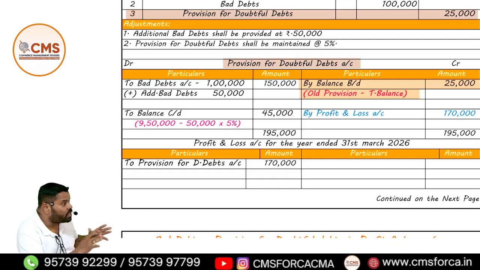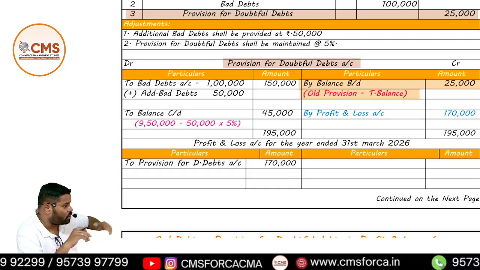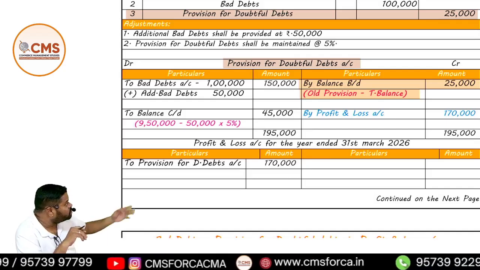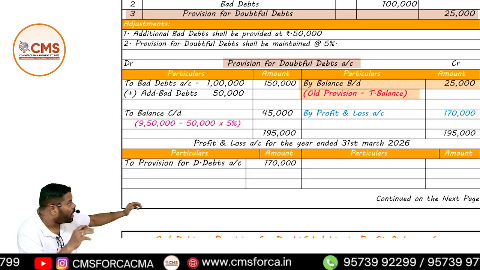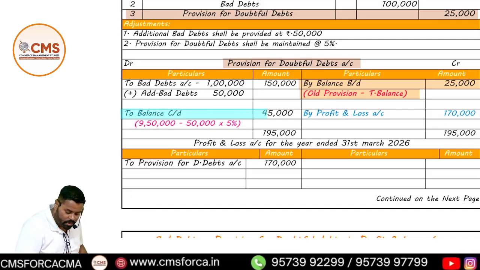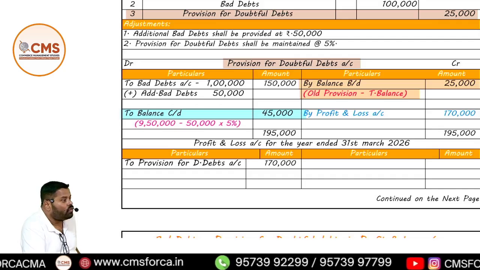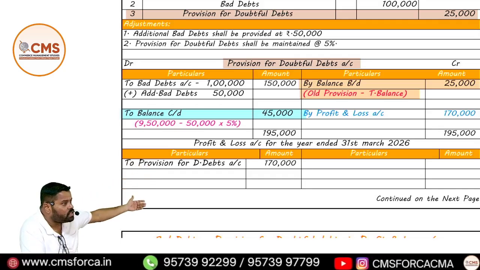So what we are bringing out here is, I was anticipating a 25,000 loss, but the loss turns out to be 1 lakh 50,000, and now I have another additional doubt that I may not get 45,000. Opening balance 25,000, closing balance 45,000.